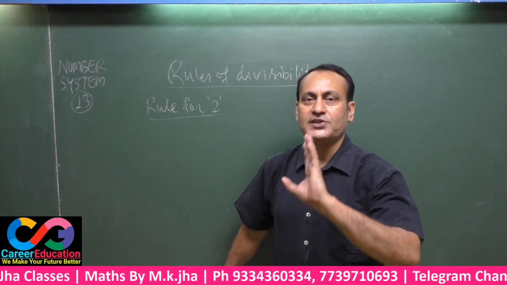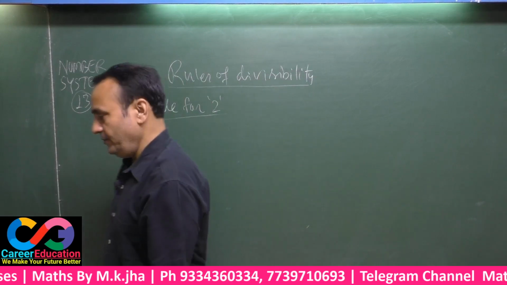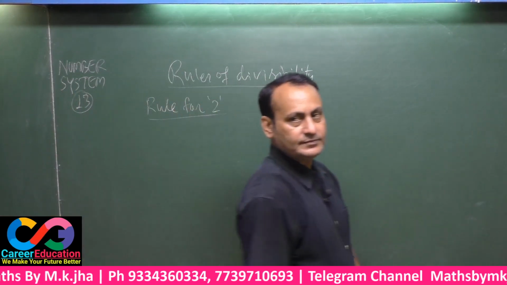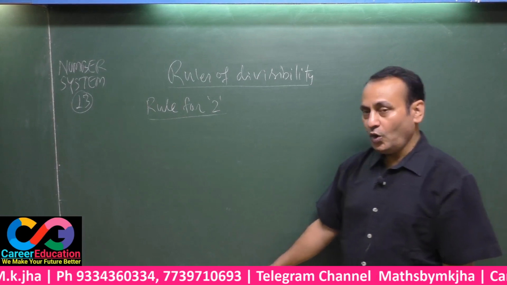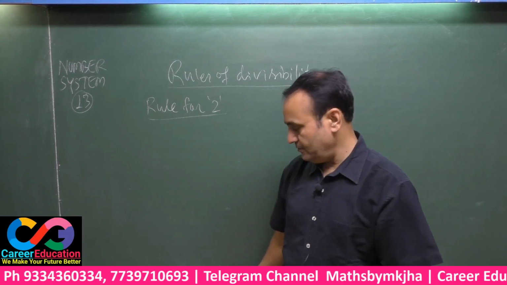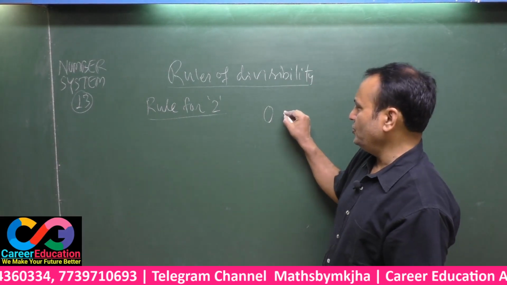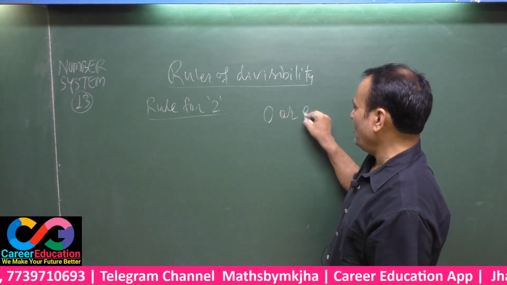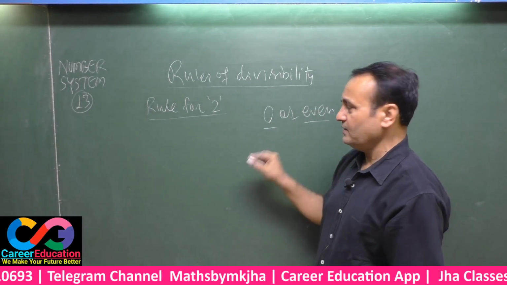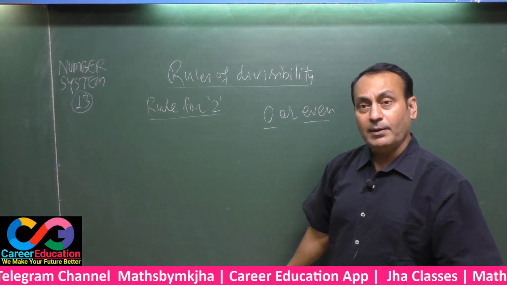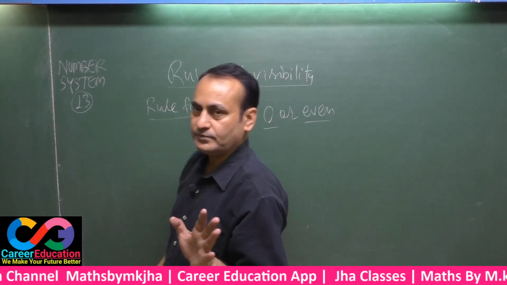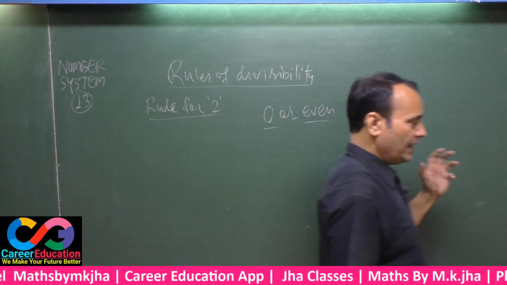If the unit place of a number is 0 or even, the number is divisible by 2. The number is divisible by 2.